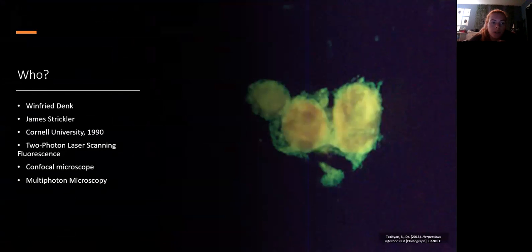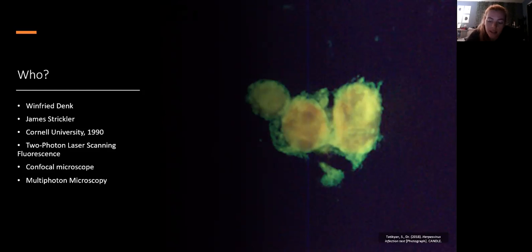The first people to discover this were two Germans who studied at Cornell University in New York in 1990, Winfried Denk and James Strickler. They were the first people to do two-photon fluorescence and give it a 3D structure itself. They soon learned that the fluorescent emission increased with excitation intensity.